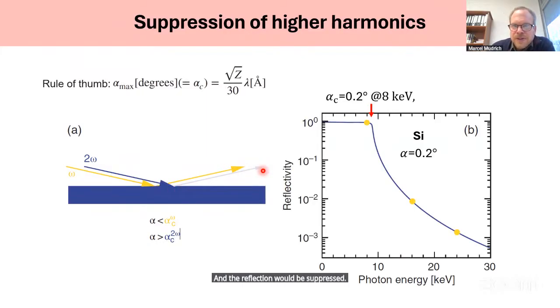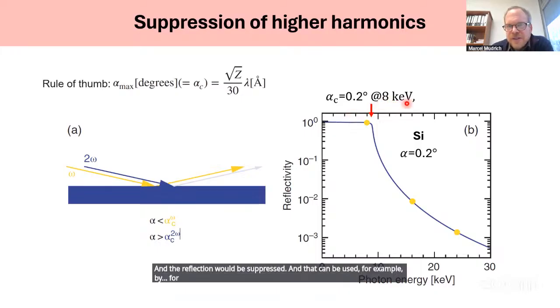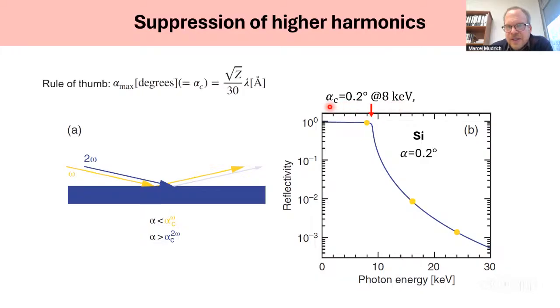That can be used, for example, for 8 keV incident light at an angle set to 0.2 degrees. Under these conditions, the fundamental, the 8 keV, would be reflected with almost unity efficiency, because we are in the total external reflection regime, but the second harmonic and the third harmonic would be suppressed by 2 or 3 orders of magnitude, right?